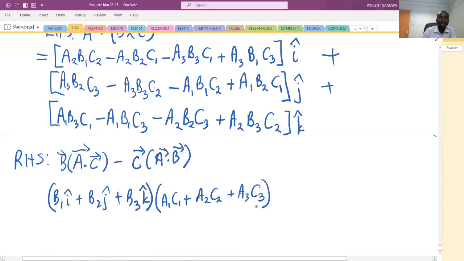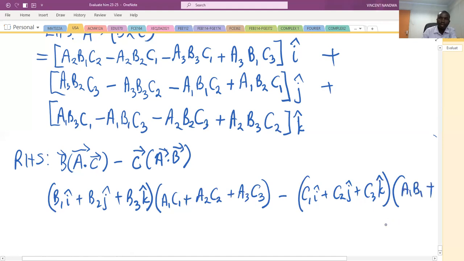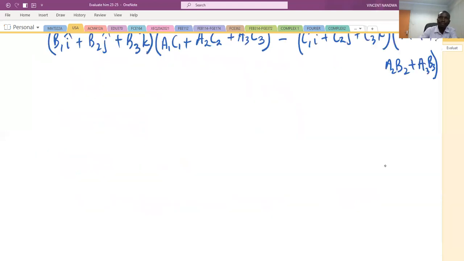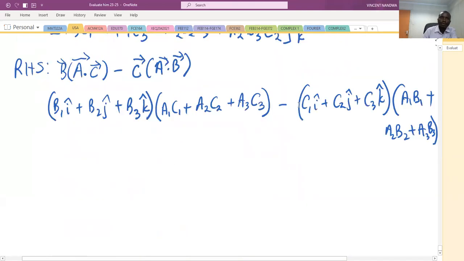That's by definition of dot product, minus C1 I plus C2 J plus C3 K. And then this we multiply by A dot B. We have A1 B1 plus A2 B2 plus A3 B3. That's just by definition of dot product. So these are just constants, so it multiplies every component.